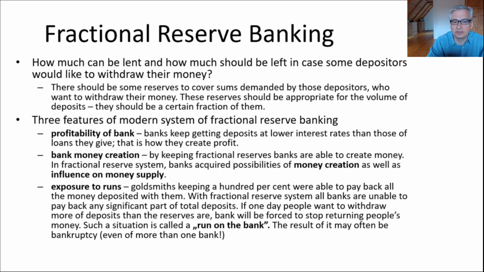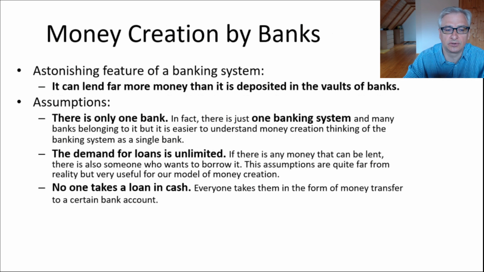The first and the third feature were thoroughly explained in the previous part of our lecture, so bank money creation is what we want to deal with now. What is this money creation about? It is simply the idea that banks can lend more money than they have deposited in the vaults.